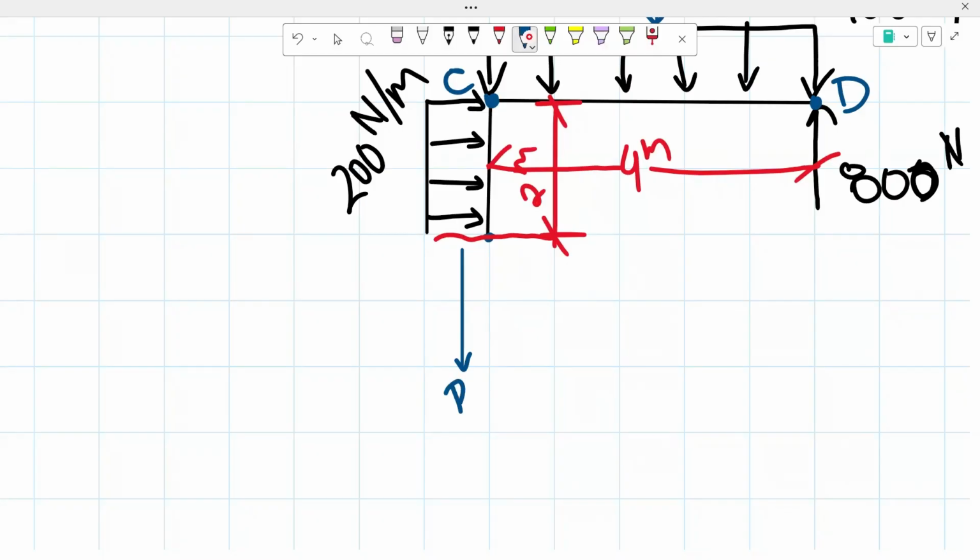Now, because our cut is also to the left, we know that our shear force will be going upwards. That is our shear force. I only like drawing it with one side of the arrow, but we do know that it will be going upwards.